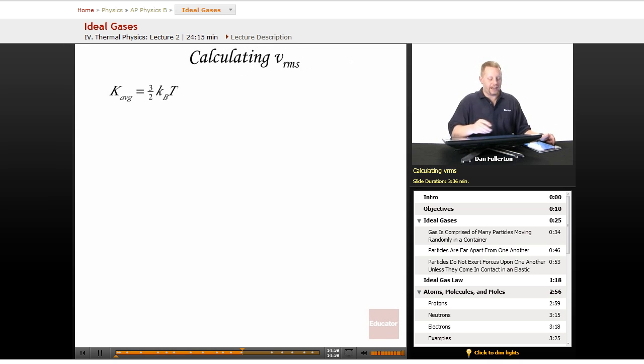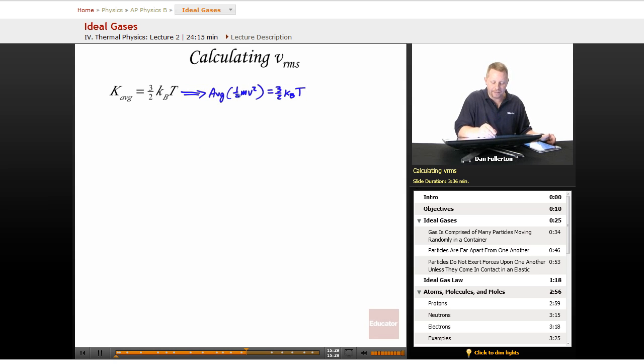We're going to start with the average kinetic energy as 3/2 times Boltzmann's constant times the temperature in kelvins. What this means then is average kinetic energy is we're taking the average of 1/2 mv squared for all those particles, and that's equal to 3/2 times Boltzmann constant times the temperature T. But the mass of these particles is constant, so taking the average of it, we can pull the m out of the average and multiply it when we're done.